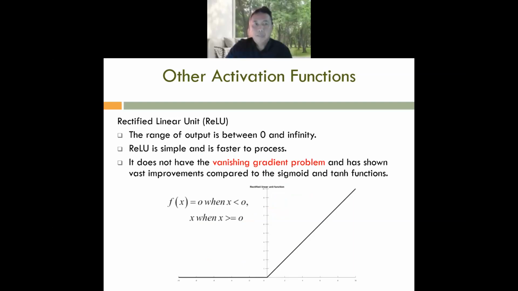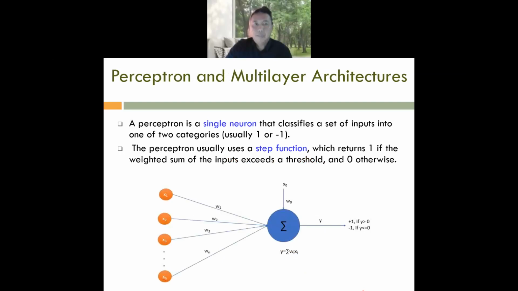This is simple and faster and does not have the vanishing gradient problem, because whatever change you have in x here, you will have equal changes in y, compared to the hyperbolic tangent and also the sigmoid, which is steeper. We'll come to the gradient vanishing later on.